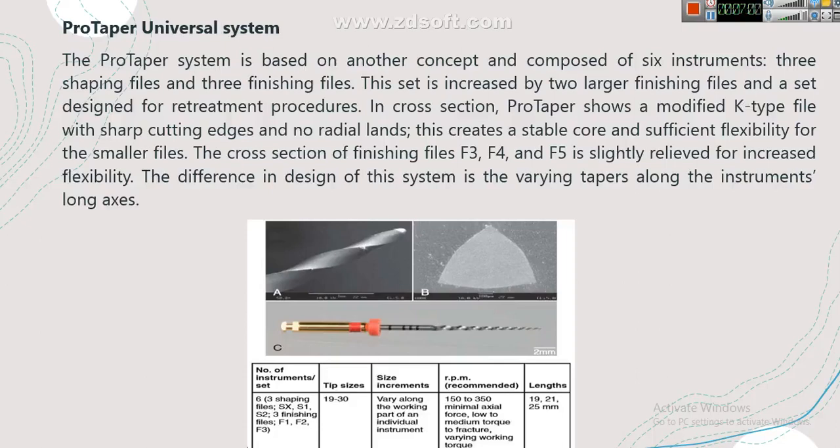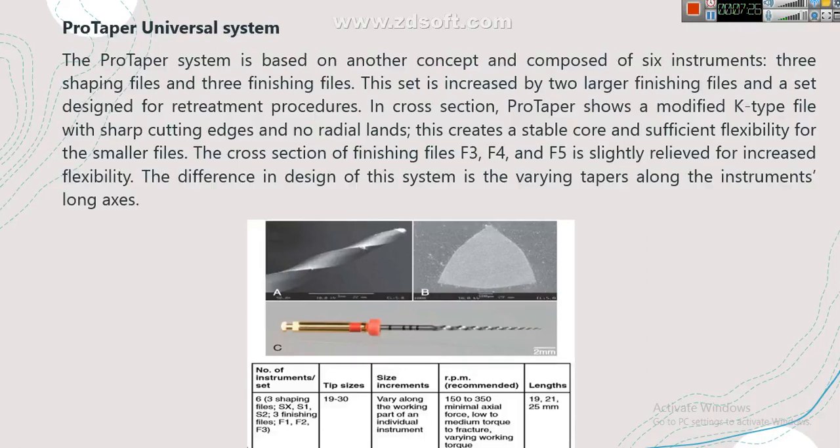This set is increased by 2 larger finishing files and a set designed for pre-treatment procedure. When we need endodontic retreatment, this set is quite helpful to remove gutta percha and also reshape the canal system and refinish again.